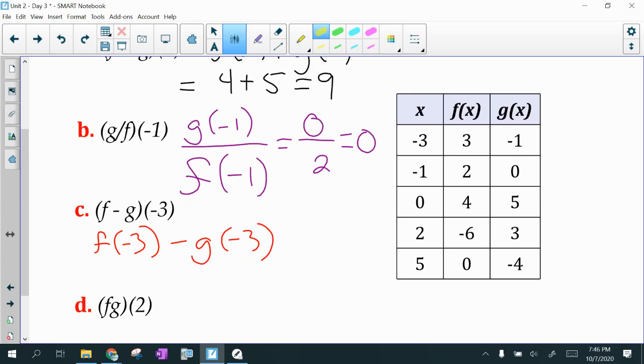So at negative 3, I'm now looking at these values. So let's fill stuff in. I'm looking for f of negative 3 is 3, minus g of negative 3 is a negative 1. So 3 minus a negative, same thing as plus a positive, is a value of 4.